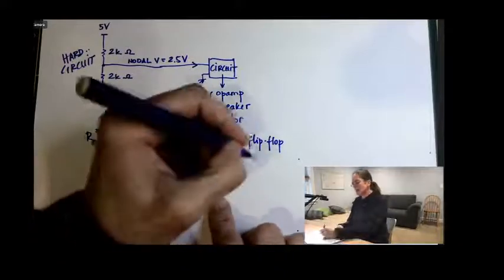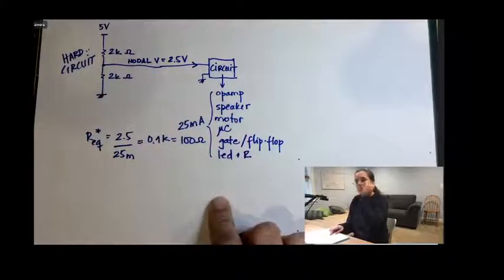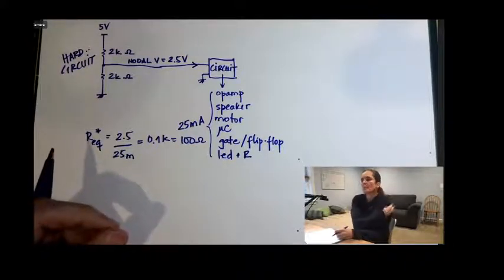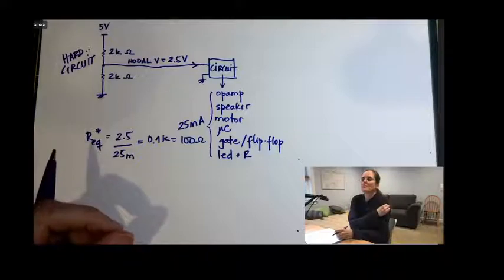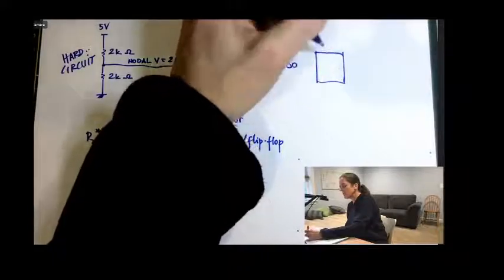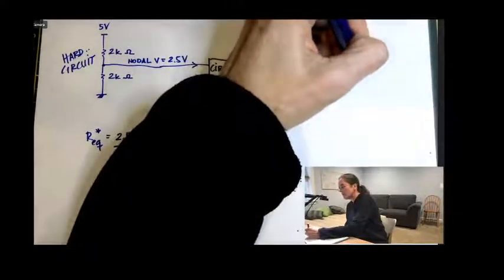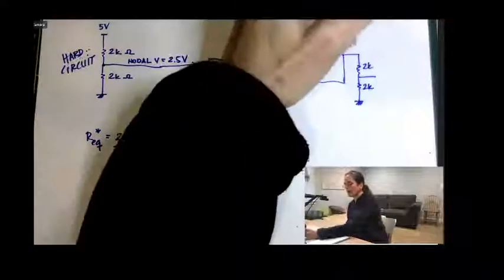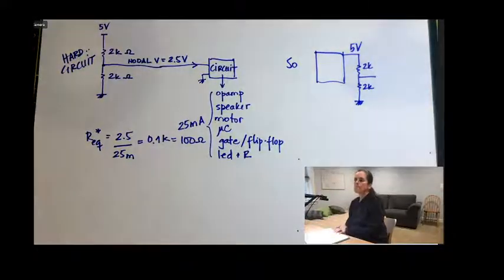You probably have a resistor in series with the LED. Let's say that resistor is 100 ohms, which means that 2.5 volts to provide 25 milliamps needs to be 100 ohms. So the equivalent circuit will be this huge circuit, with these 2K here and 2K here, and somehow this is 5 volts.